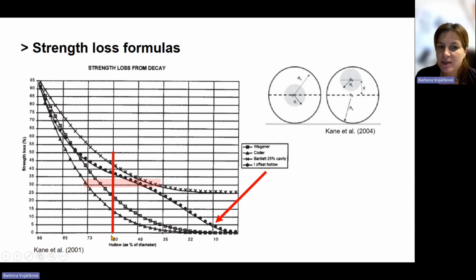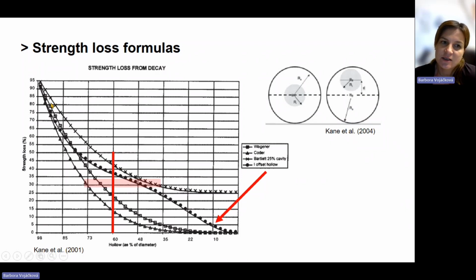For example, when I have a hollow which is probably 60% of the stem diameter, I can see that Coder is at about 15% strength loss. So for him, the tree will still be safe. For Wagner, it's 25%, so it will be very close to the border. And for Bartlett, who was counting also with the open cavity, the tree will be unsafe.